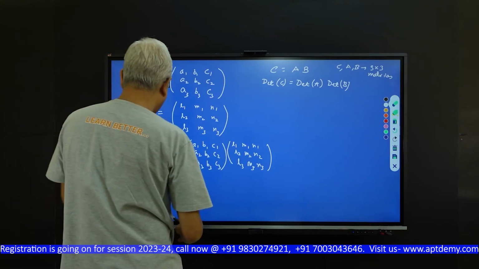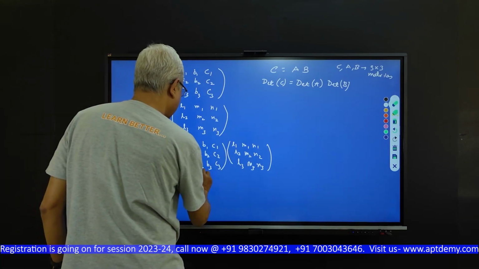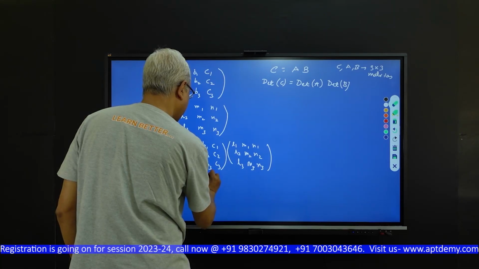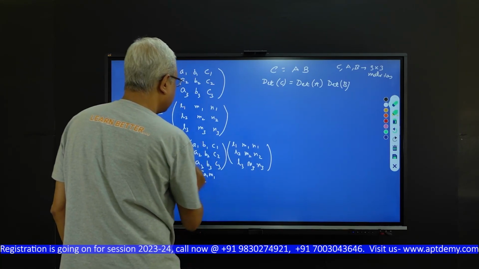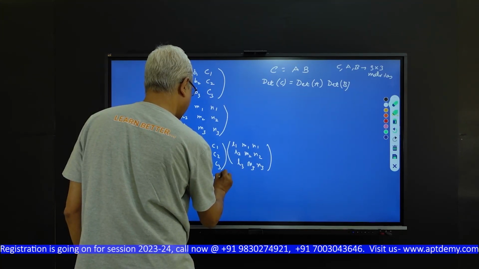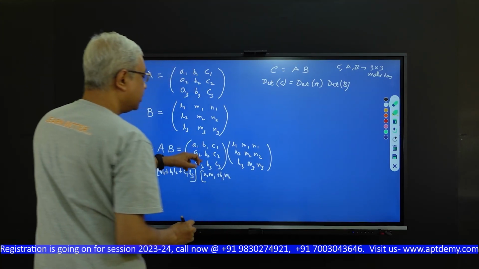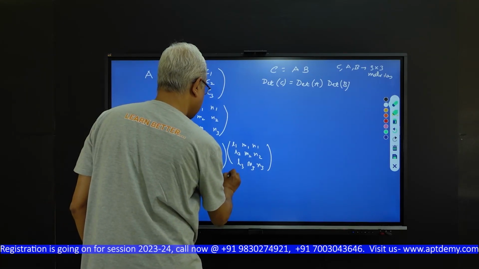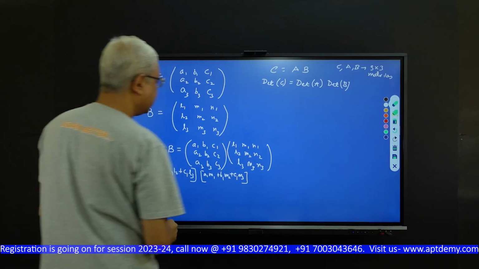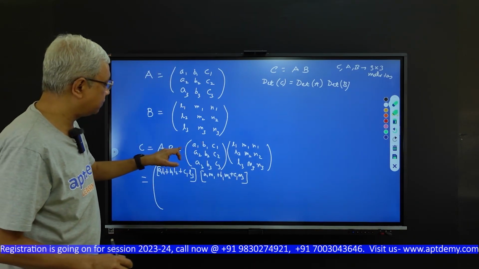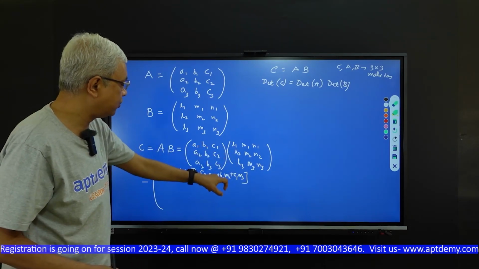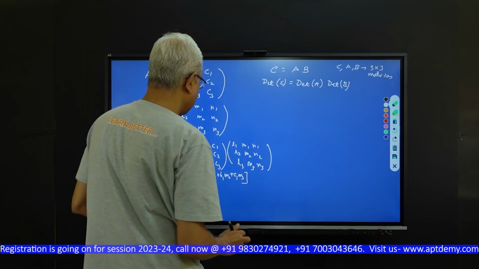First row, second column of C will become A1 M1 plus B1 M2 plus C1 M3.